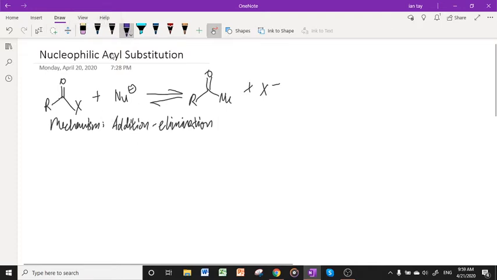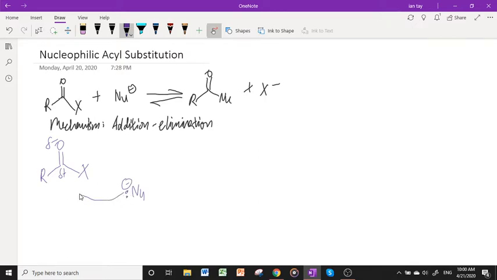So the way the mechanism works is that if you observe in the reactant, there's a delta plus carbon over here, which is a site that is attractive to nucleophiles.